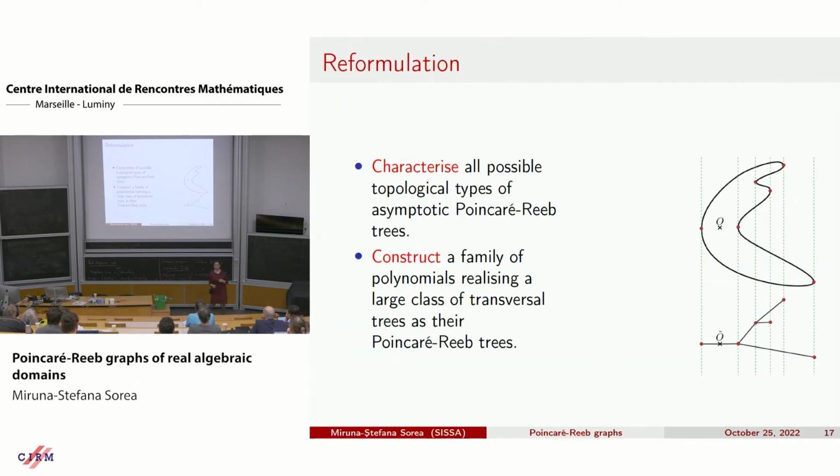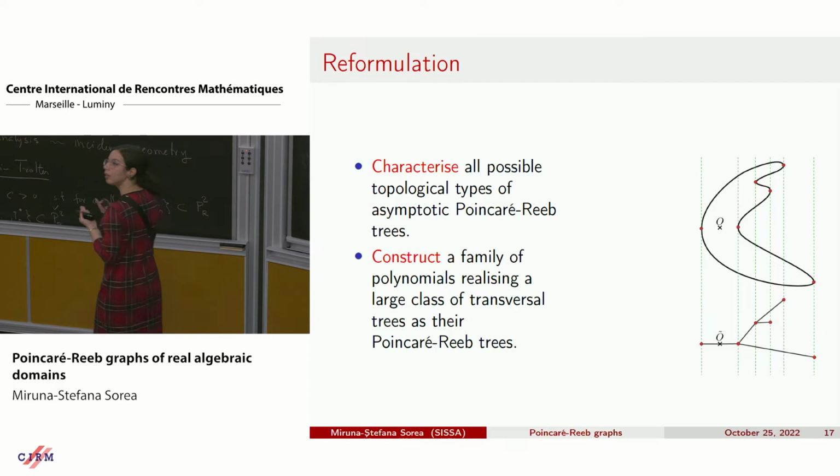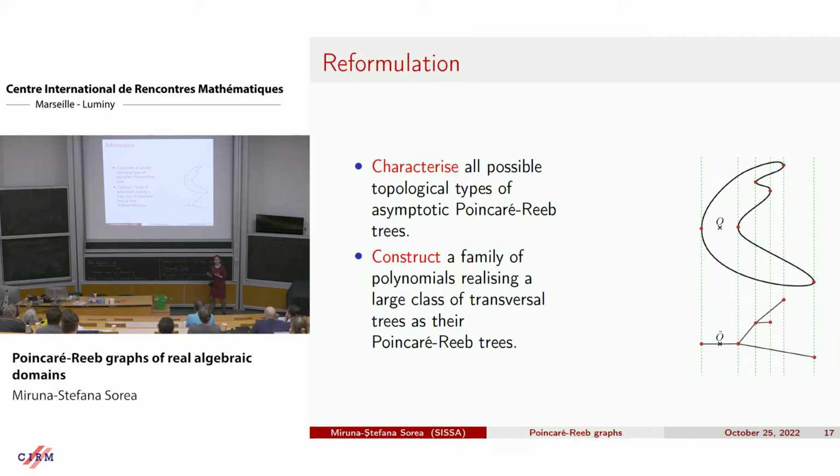So now that we have this formulation in terms of trees, we can restate the non-convexity problem in terms of trees. So we want to characterize all topological types of asymptotic Poincaré-Reeb trees. And in particular, now we can think about the construction problem as follows.